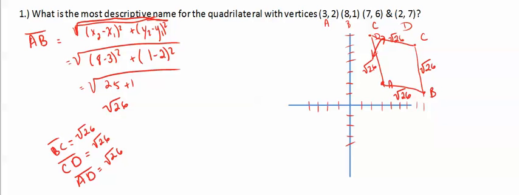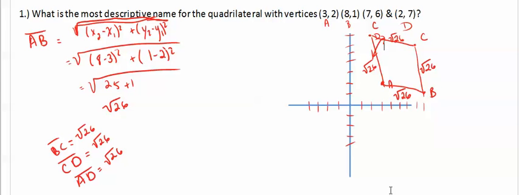Now, what we do need to figure out is if it is indeed a square or just a rhombus. To do this, you will calculate the slopes to see if they're perpendicular, because if we look at the qualifications for a square, we need to prove that a quadrilateral is both a rectangle and a rhombus.